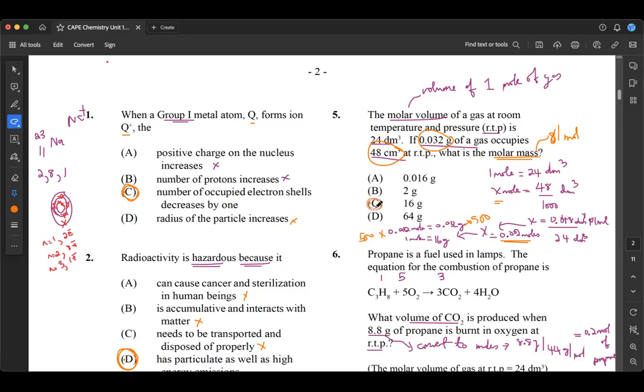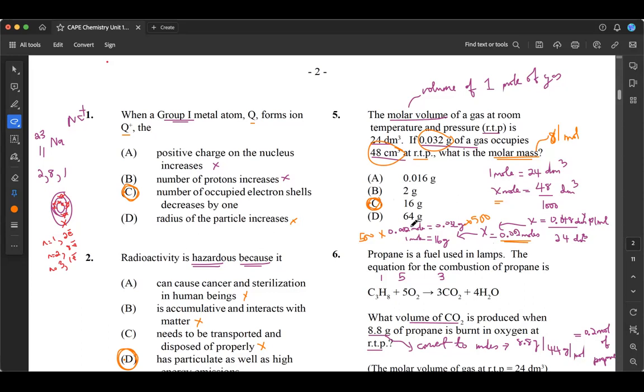So just to recap how we ended up here, we know that 1 mole of a gas occupies 24 dm cubed. And so if they're telling us that this particular gas occupied 48 cm cubed at RTP, then we can find out how many moles of the gas was present. And it turns out that was 0.002 moles. They also told us how much this volume of gas weighs, and that was 0.032 grams.